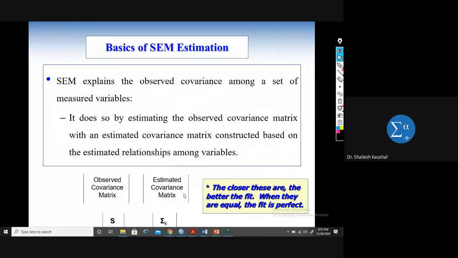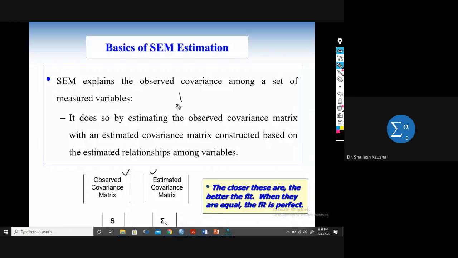Now the observed covariance matrix and the estimated covariance matrix. Observed means whatever data we are collecting from the field, and estimated means through formula. The difference between observed and estimated should be small.